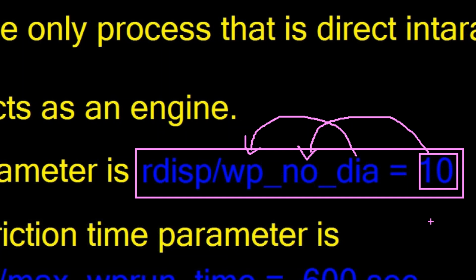It depends on the server. Whenever I'm using 4 GB RAM at the time of SAP installation, I get 15 work processes. Whenever another person uses, for example, 32 GB RAM at the time of SAP installation, the number of work processes may be increased.